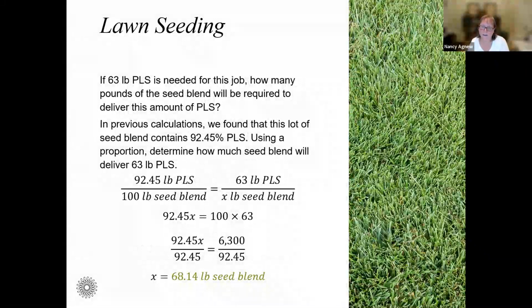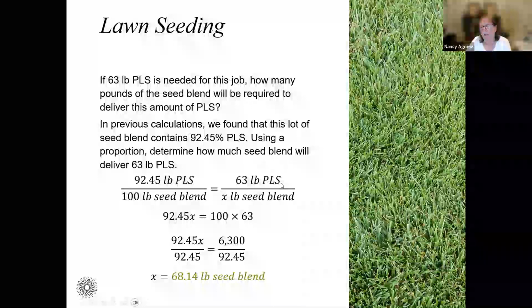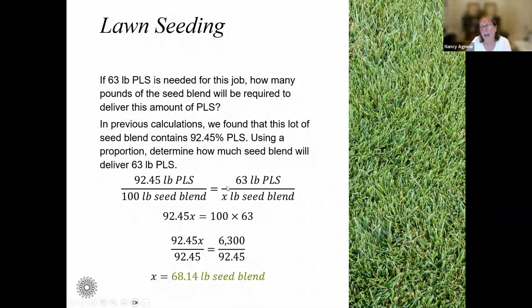Okay, so we're not done yet. We've discovered that we need 63 pounds of pure live seed, but we need to know how many pounds of that seed blend we're going to use.